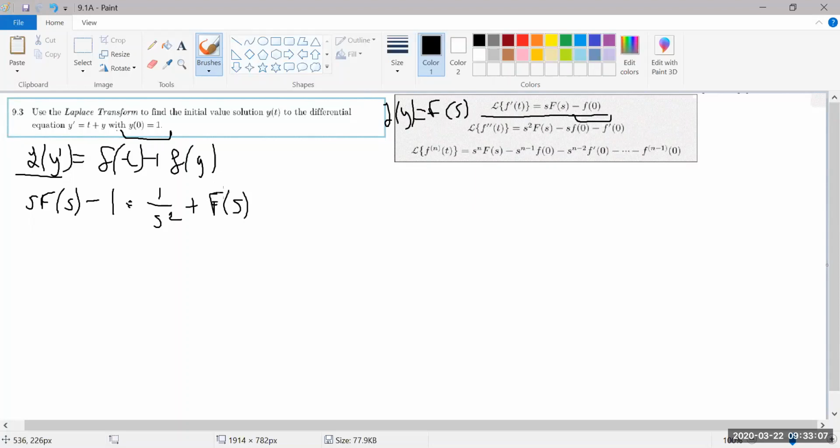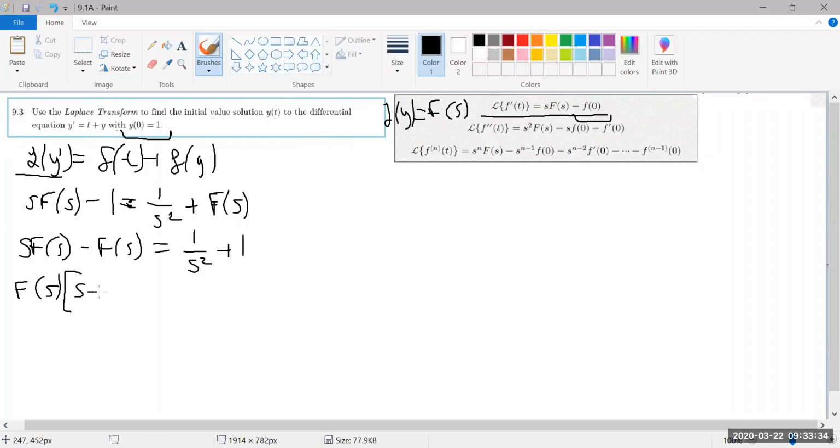So now I'm just going to collect like terms and move this equation around to get it to look more like something we can use. So we have s times F of s minus F of s, and then equals 1 over s squared plus 1. So I'm going to factor out an F of s here.